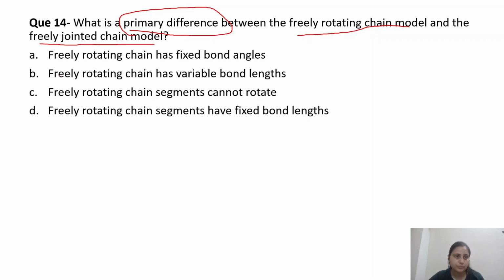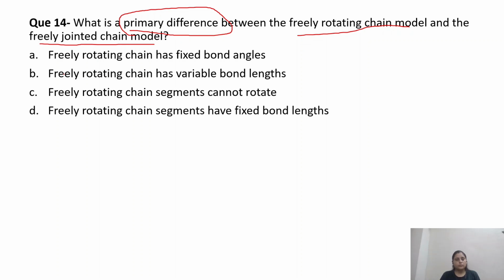Option A says freely rotating chain has fixed bond angles. B is freely rotating chain has variable bond angles. C is freely rotating chain segments cannot rotate. D is freely rotating chain segments have fixed bond angles.